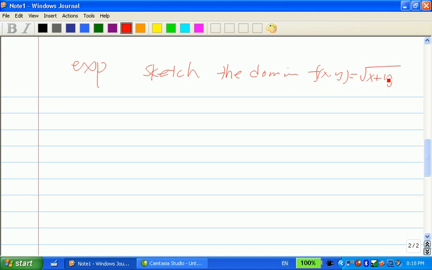First of all, this function gives you a surface. Now its domain is the possible x and y values such that this function is well defined. Again, this function has a square root involved, so the expression inside the square root must be non-negative. Therefore your domain must be those possible x and y values such that x plus y is bigger than or equal to 0.